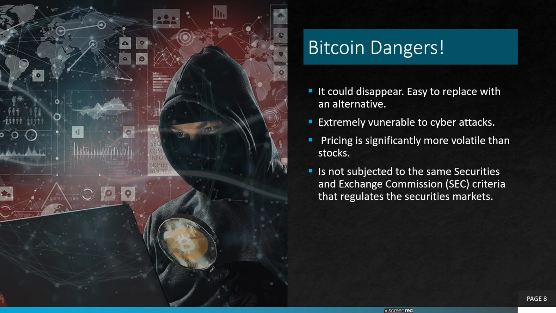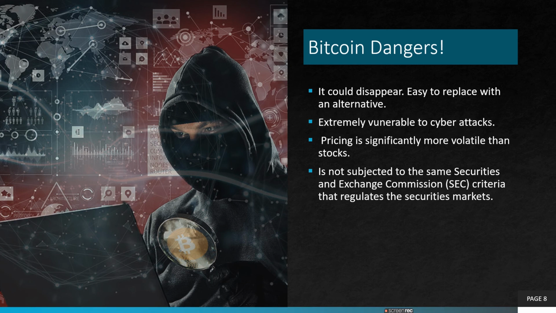Pricing is significantly more volatile than stocks. As we mentioned previously in this presentation, you see the wide range that Bitcoin prices sell for. That can be extremely dangerous, because let's say at the point that you're getting into the market for Bitcoin, it's at $20,000, and then 2 days later it could drop down to $3,000 or $2,000. That's a high risk to Bitcoin investing.